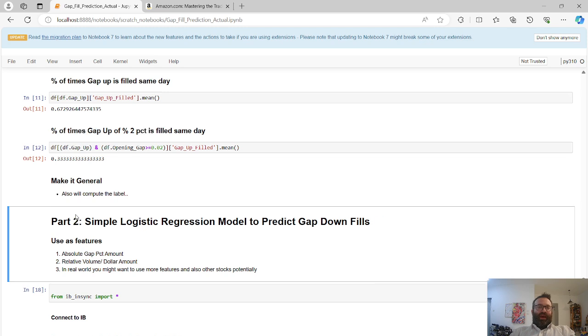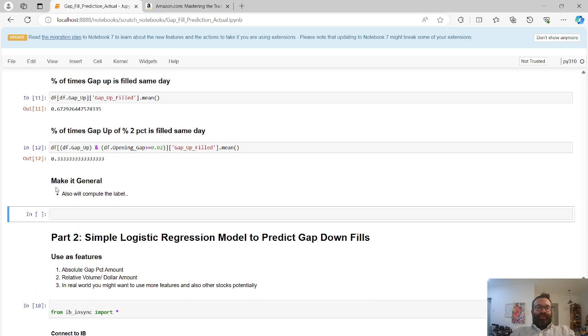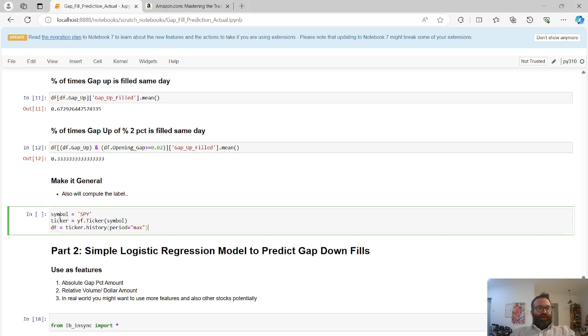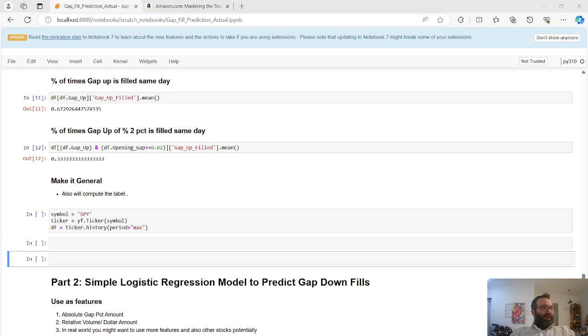Okay, so the gap play is pretty good. Okay, so now I just want to, for a second, make this general. And I don't want to spend too much time on this. Let's just say we have a symbol like SPY, get the ticker from Yahoo Finance, get the history. And let's just make a function.